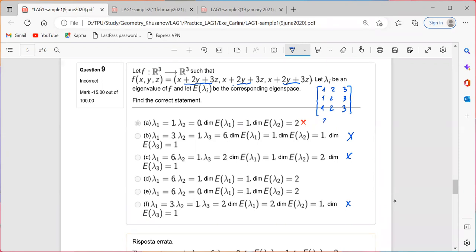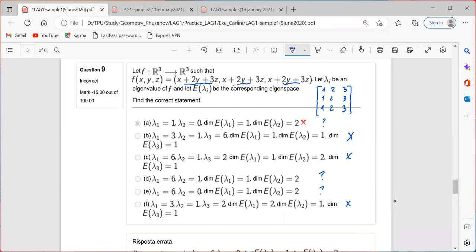We can check this one and this one. Let's check D. There's no eigenvalue 0, so we don't have to consider it. 1 or, for example, 6, which we can compute.